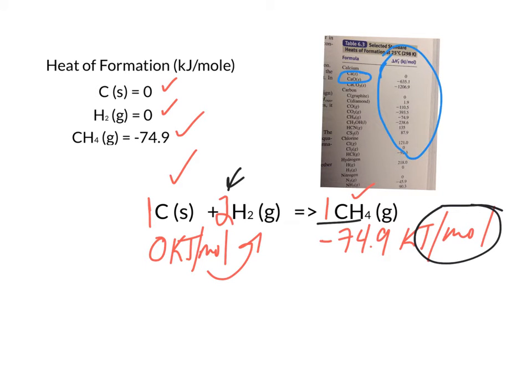So therefore, in order to create 1 mole of methane from carbon in its solid graphite form and hydrogen, but we need 2 moles of that, this would be an exothermic reaction, giving off negative 74.9 kilojoules per mole of that methane being produced. So that's a fairly straightforward one.